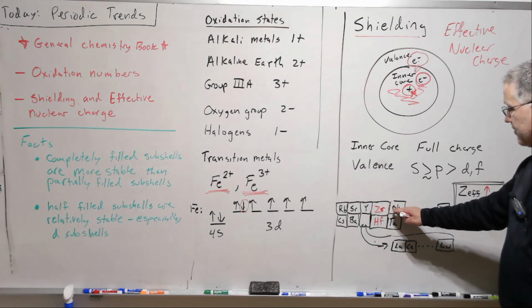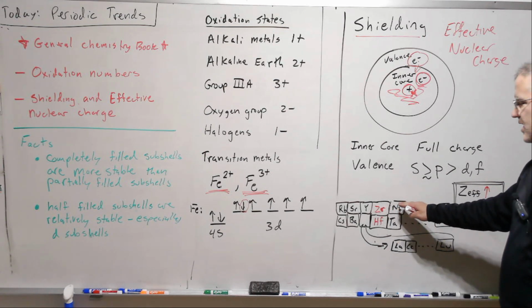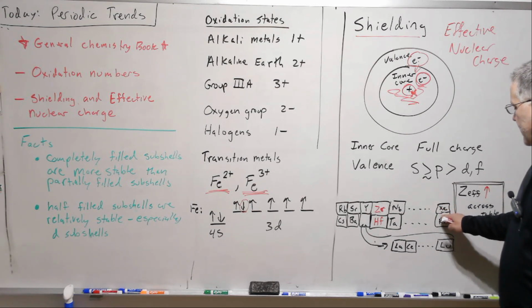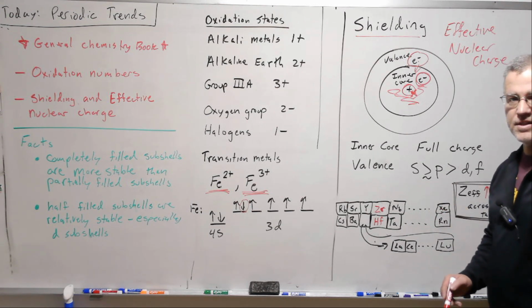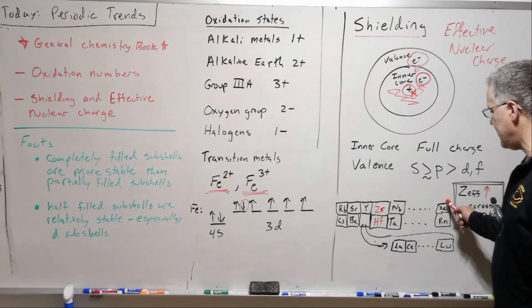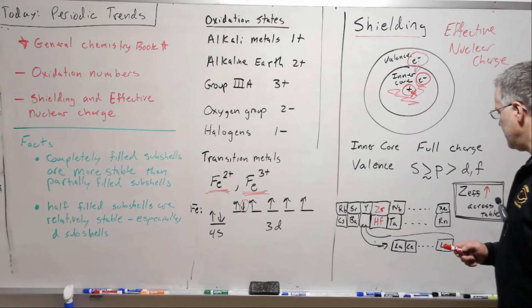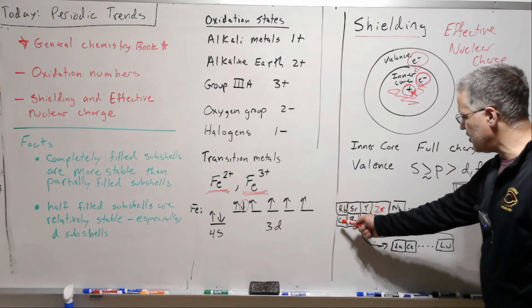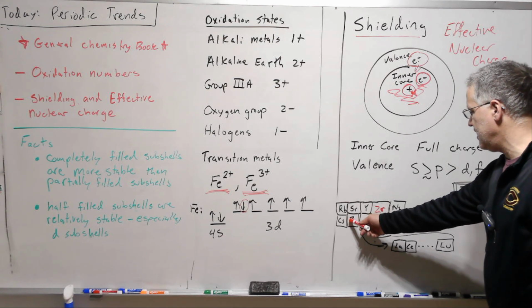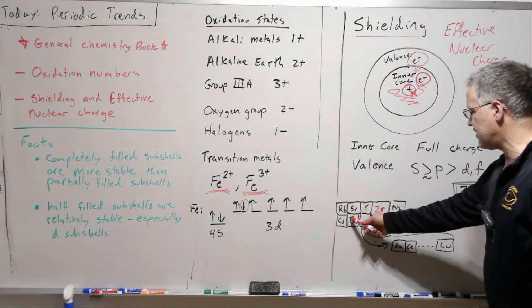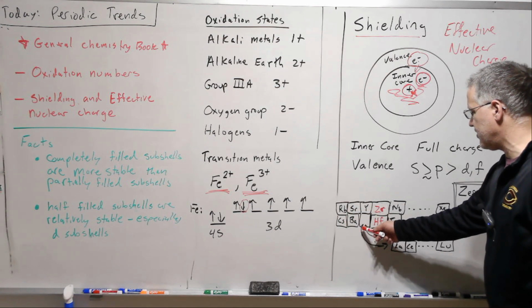So we start to pick up effective nuclear charge very quickly across the d's, and we get all the way to xenon, and we have a pretty high effective nuclear charge. Now this wraps around and starts over again. Okay, and so, all right, that's good. This is much bigger than this. This is much bigger than this.